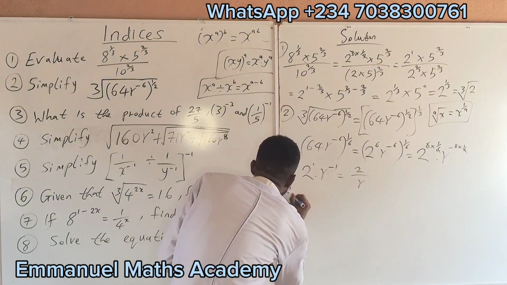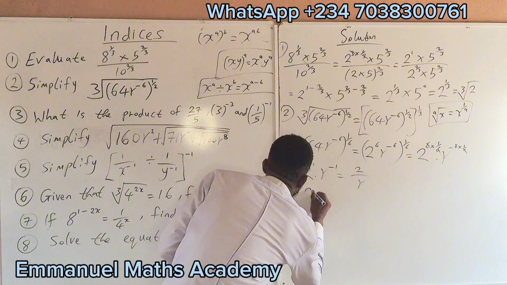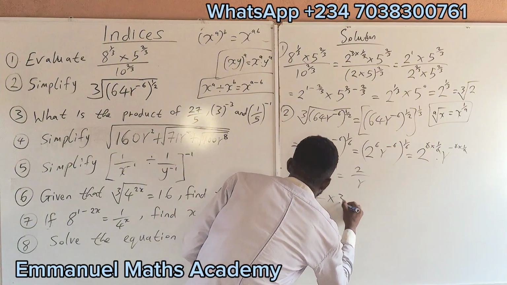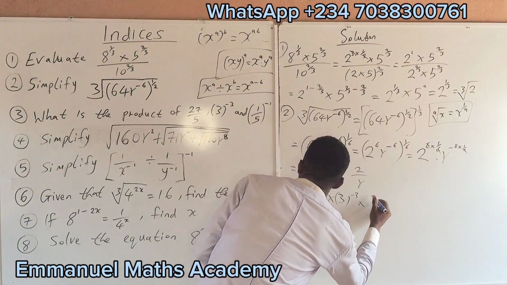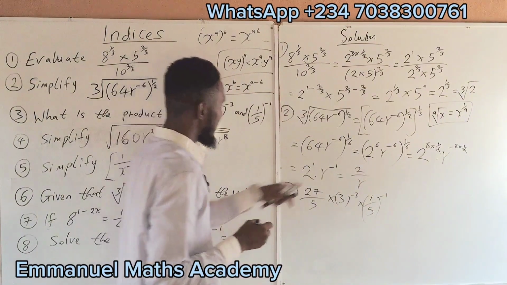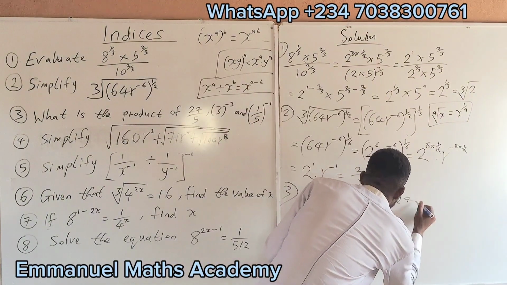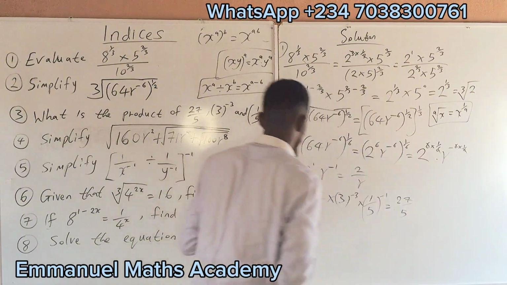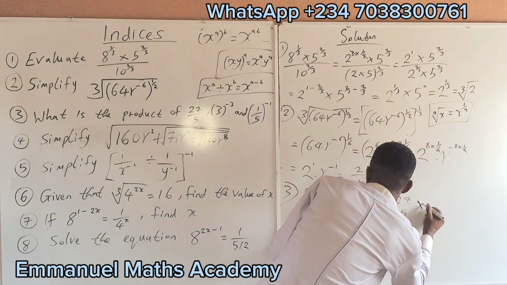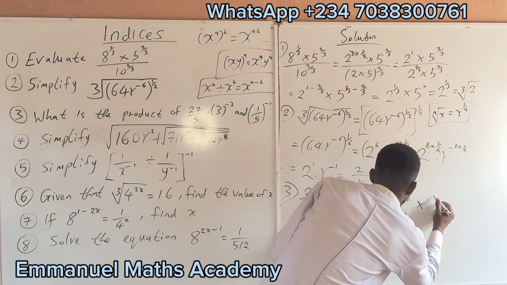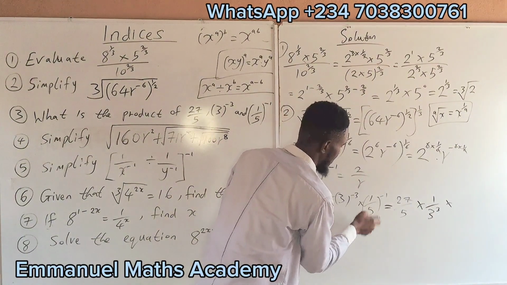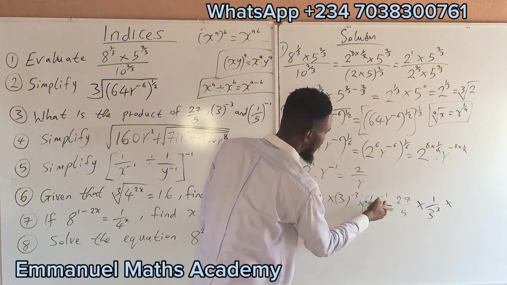So number 3. We have 27 over 5 times 3 power minus 3 times 1 over 5 all power minus 1, right? This is equal to what? 27 over 5 times the reciprocal of this will give you 1 over 3 power 3 times this 5 will come up because of this inverse.